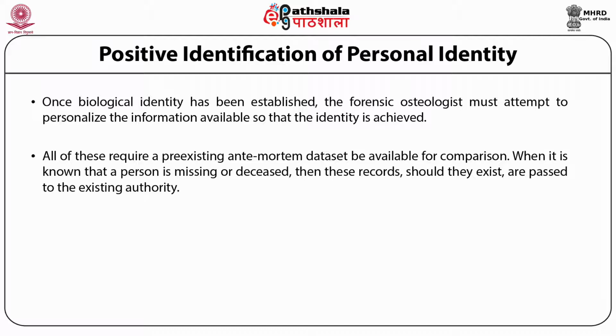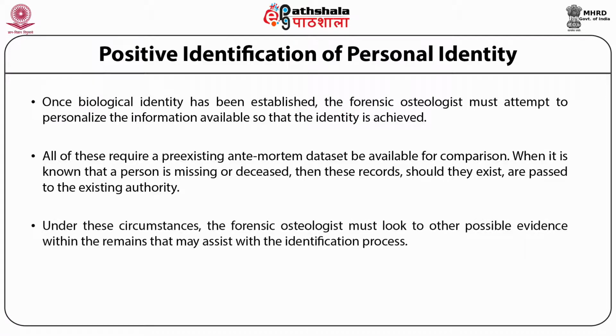When it is known that a person is missing or deceased, then these records, should they exist, are passed to the existing authority. However, when an unidentified set of remains is found, then dental records are of no value until a possible identity is achieved.